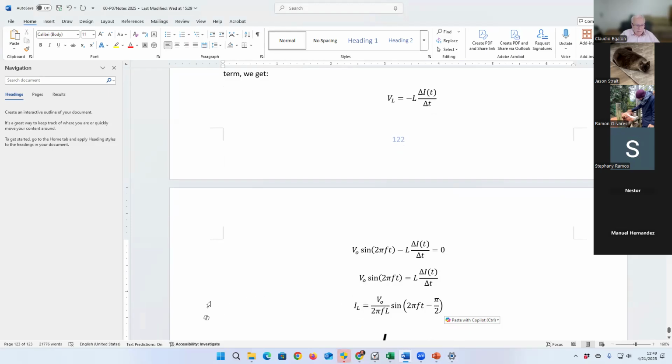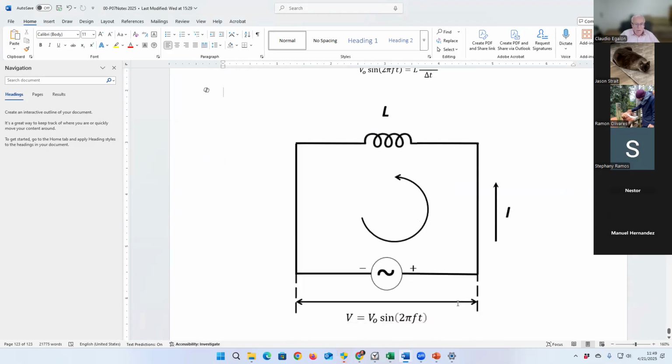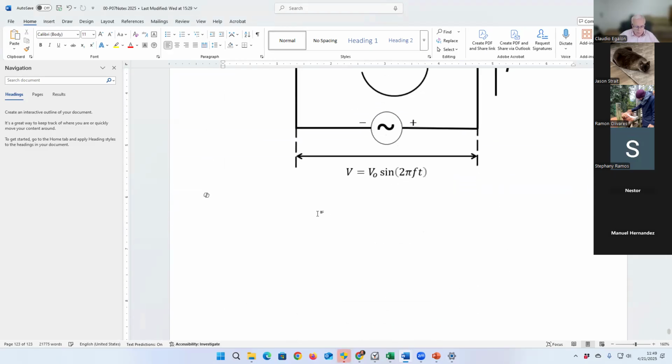That's why we have this negative sign here in the phase. A negative sign in the phase means that the current lags the voltage. Okay?